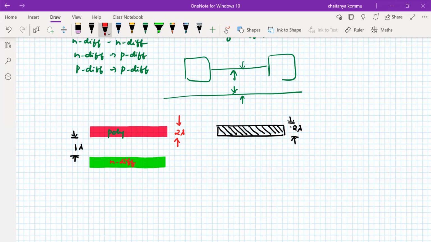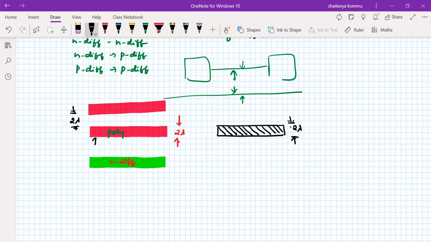There may be a possibility of another polysilicon also going nearby, something like this. So here we have another polysilicon. What is the minimum distance we have to maintain from this polysilicon to this polysilicon? Minimum 2 lambda. Please remember, don't confuse.